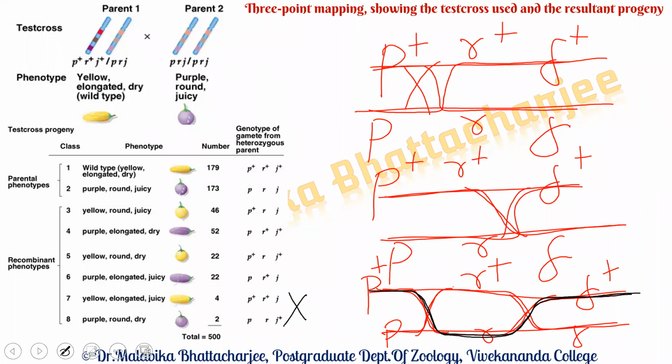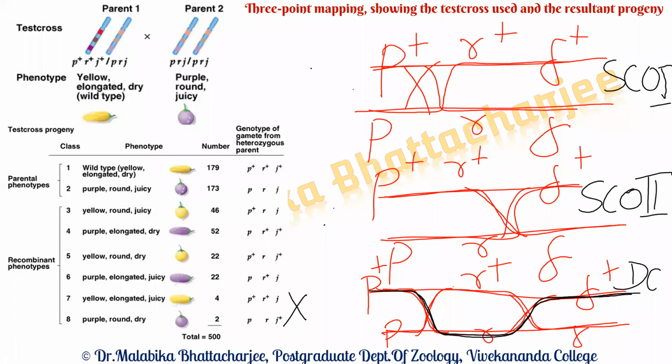This is known as a single crossover, SCO. This is also known as a single crossover, SCO. So we can name it SCO1 and SCO2. And this is referred to as a DCO. From the diagram I have drawn here, as you can see, this is a DCO.